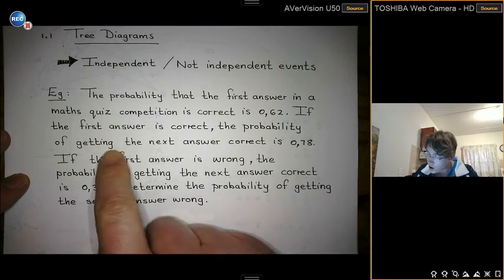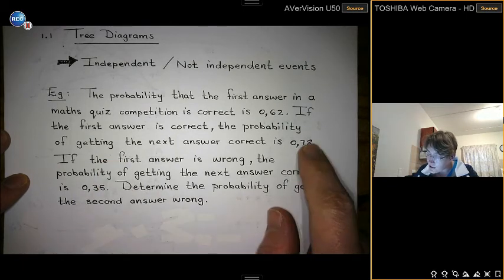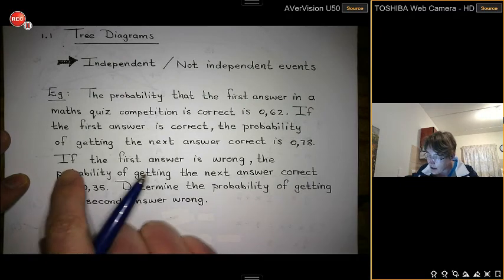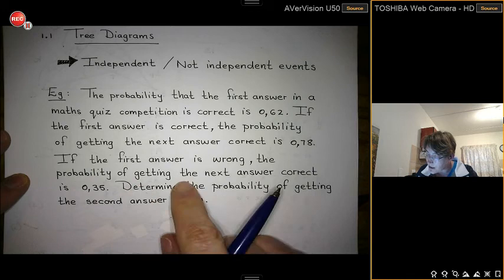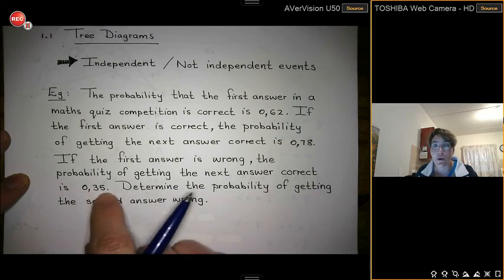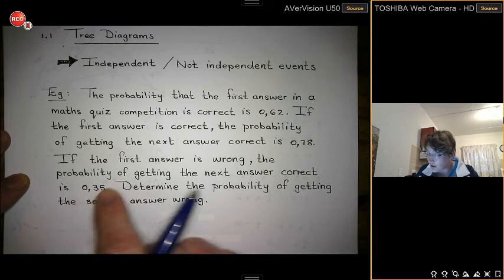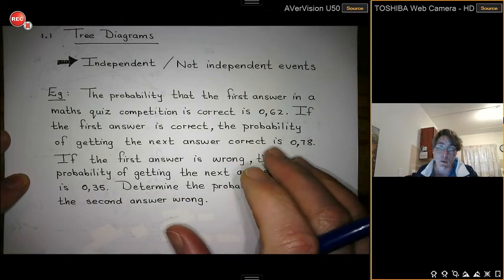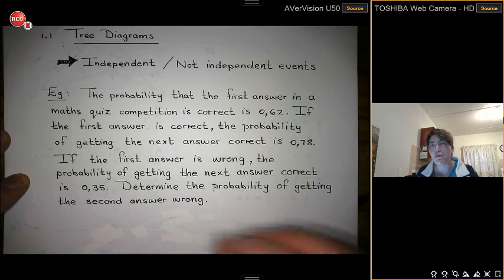So getting the next answer correct is dependent on whether you get the first answer correct, that probability right there. And then if the first answer is wrong, the probability of getting the next answer correct is 0.35. So that probability is dependent on getting the first one wrong. So this is why these events are not independent. What happens on the first one does influence the probabilities on the second one, so you have to watch that.